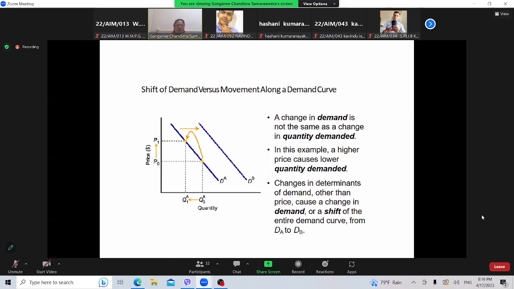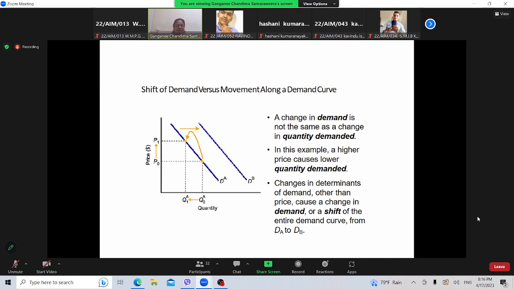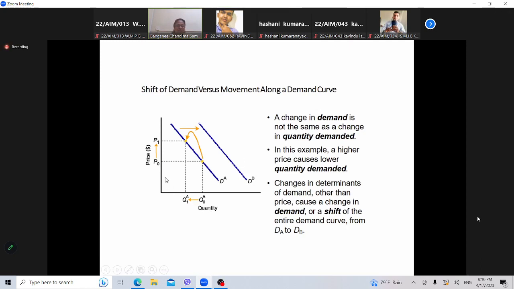Okay, so now we will see the summary here. A change in demand is not the same as change in the quantity demanded. Here price is increasing, quantity is decreasing, but not in the same way. You can see the distance in this graph.